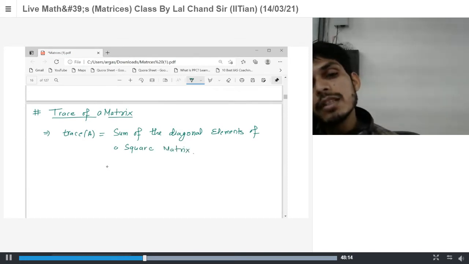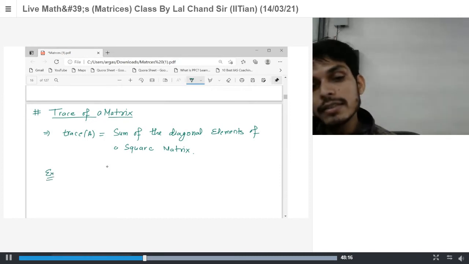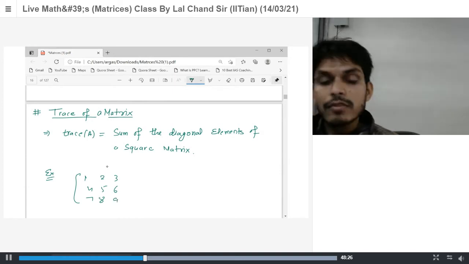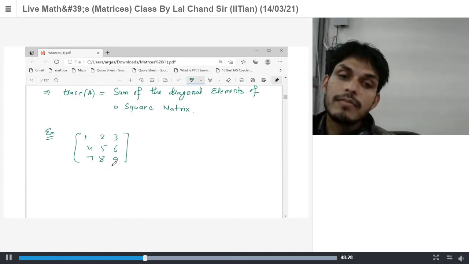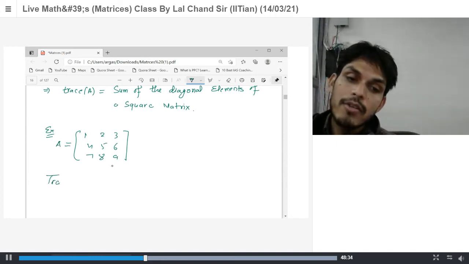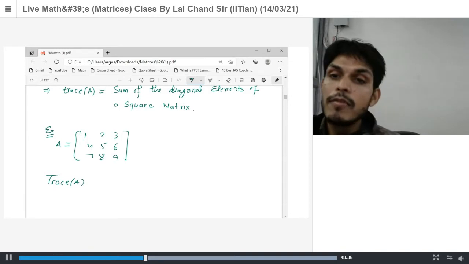For example, let us suppose I have a matrix 1, 2, 3, 4, 5, 6, 7, 8, 9. So then I can say this is matrix A. So trace of matrix A is equal to sum of leading diagonals.